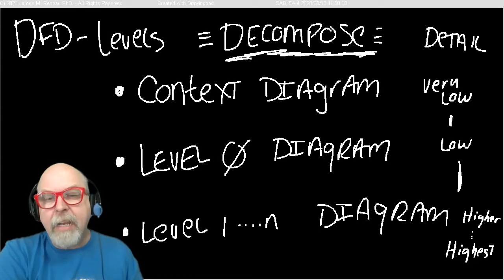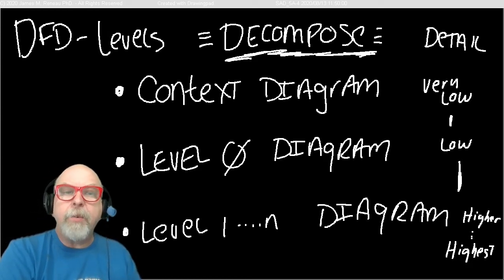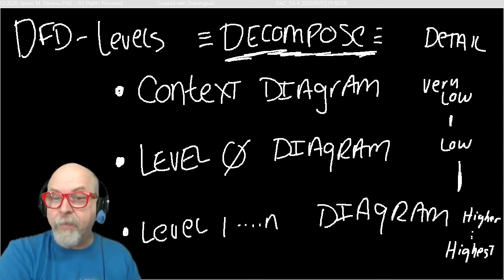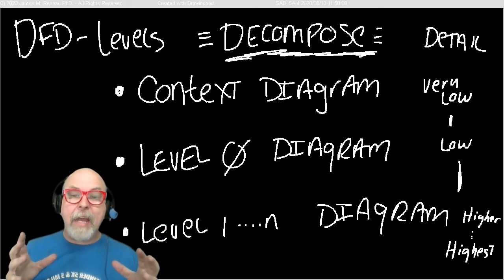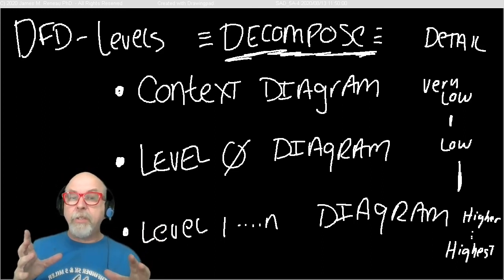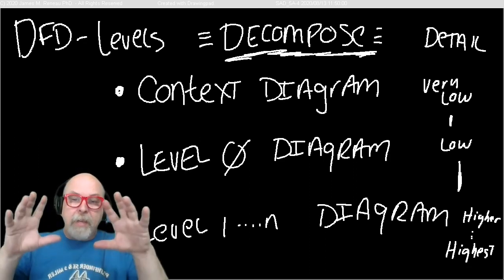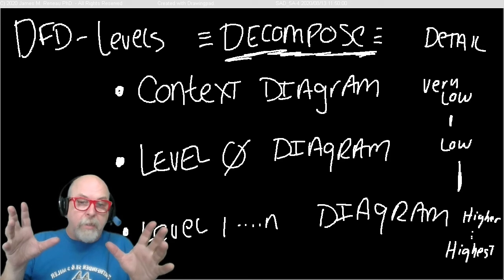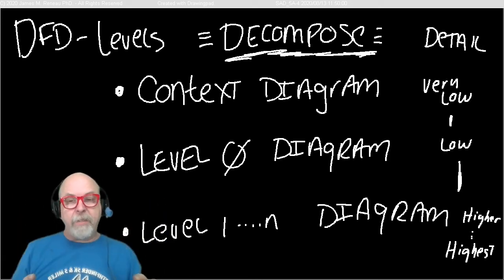We're not going to see any data flow diagrams in this first introductory video, but data flow diagrams come in multiple levels. The first level is known as the context diagram and shows the entire system as one process with its external sinks and sources, its entities, and the big data that flows in and out of the system.